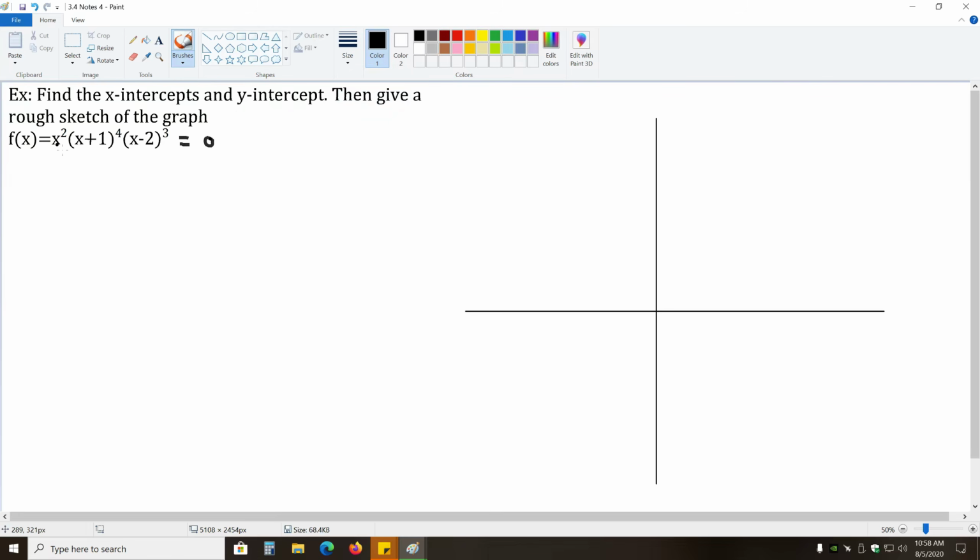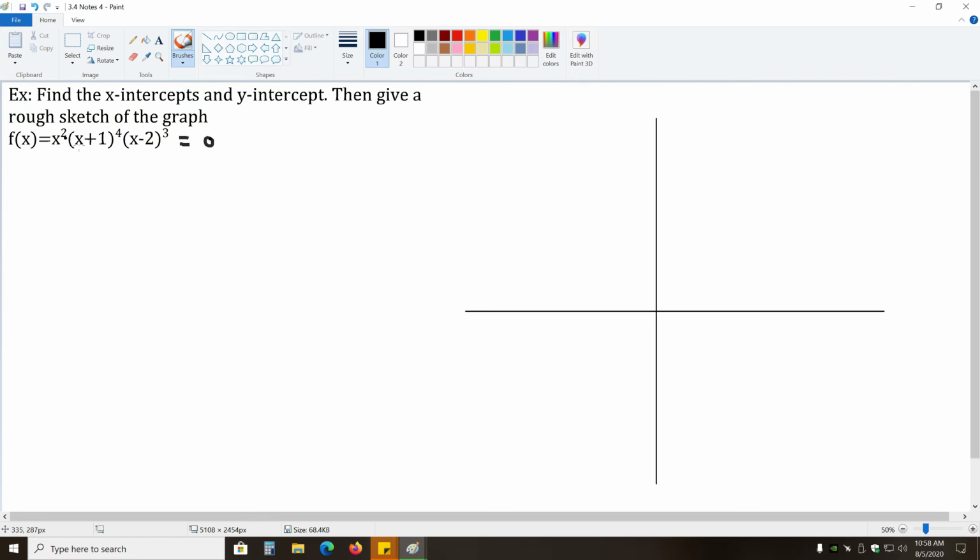Now, one trick you can use when doing this is to note that no matter how many times a factor occurs, meaning no matter what its power is, when you set it equal to 0, you will always end up just having that factor equal to 0.